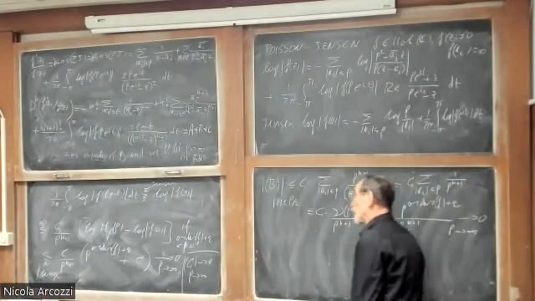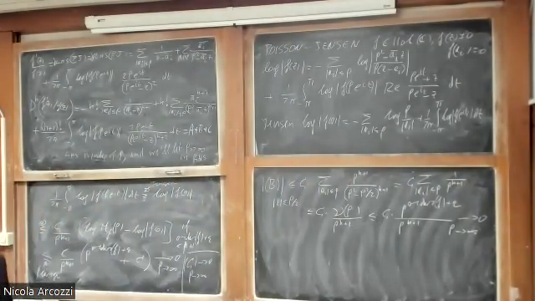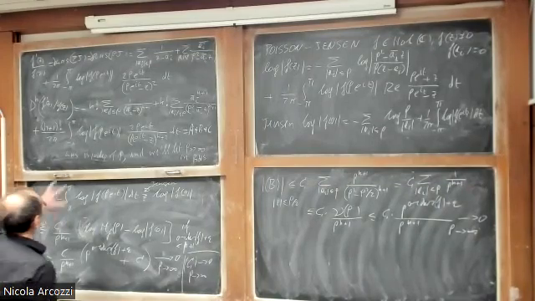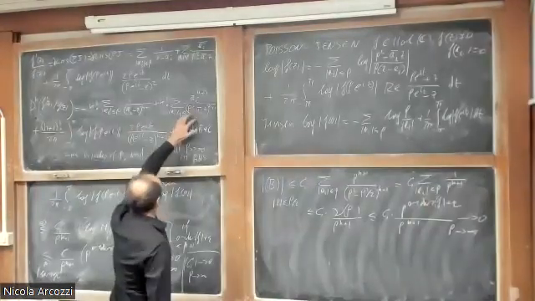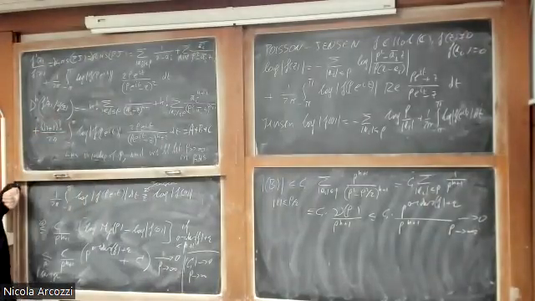So we are left with C, right? So what we've shown: since this goes to 0 and this goes to 0, this has to converge to that as rho goes to infinity.